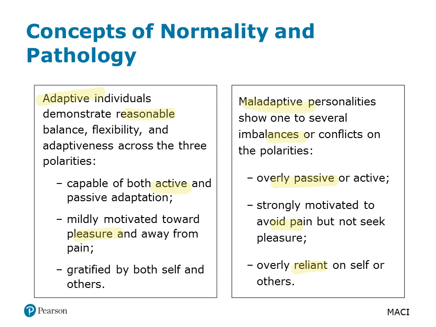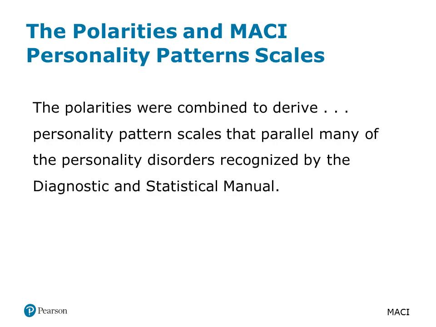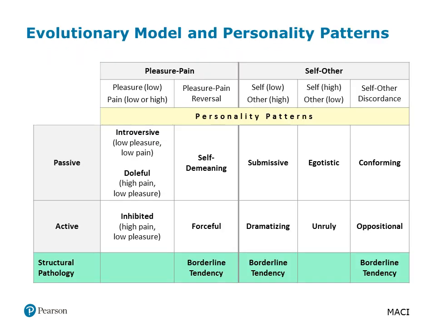So Dr. Millon took these bipolarities, combined the polarities to derive personality pattern scales that parallel many of the personality disorders recognized by the DSM. And of course, if you think about the year of publication, you could think about the DSM edition that was in place at the time.